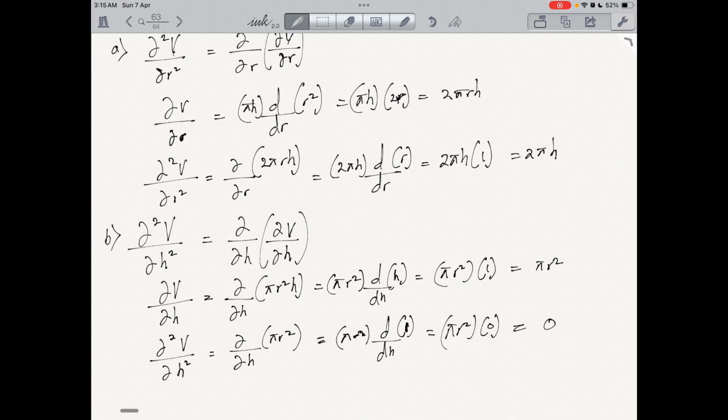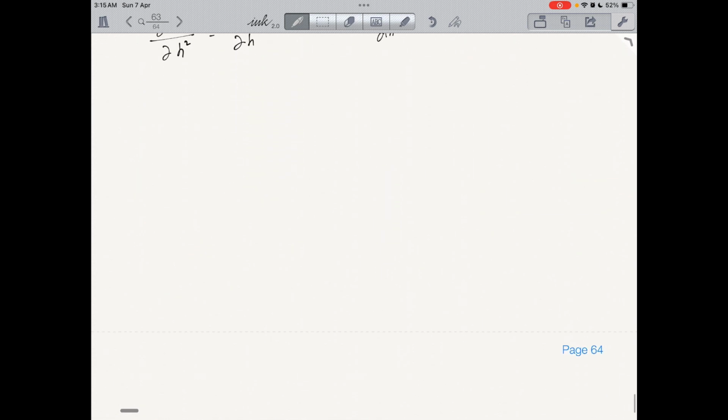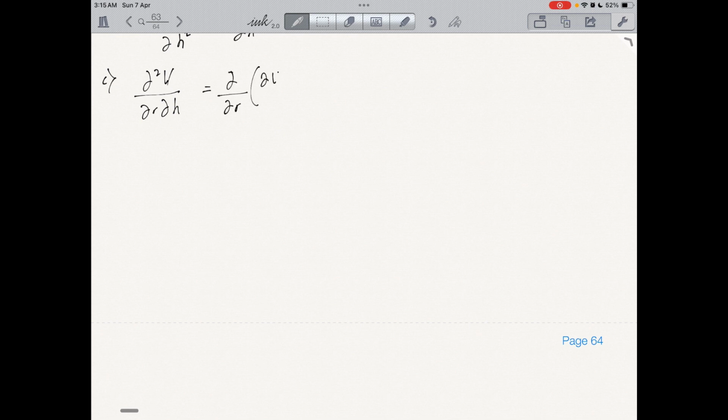The third one, which says d squared V, dr dh. The d squared V, dr dh is differentiating partially with respect to r of dV dh. And let us make our substitutions.